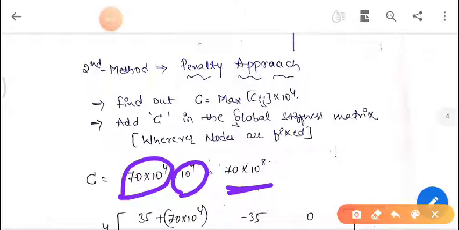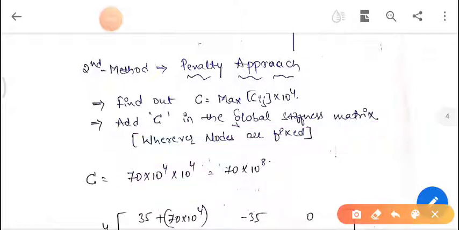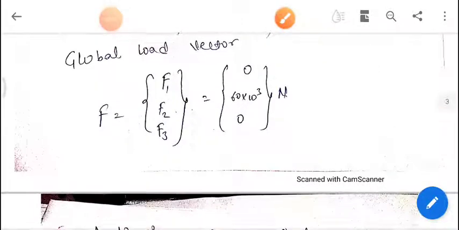So once we have found this maximum value C, we need to add this value to the global stiffness matrix wherever nodes are fixed. If you see our problem, it is given that node 1 and node 3 are fixed.